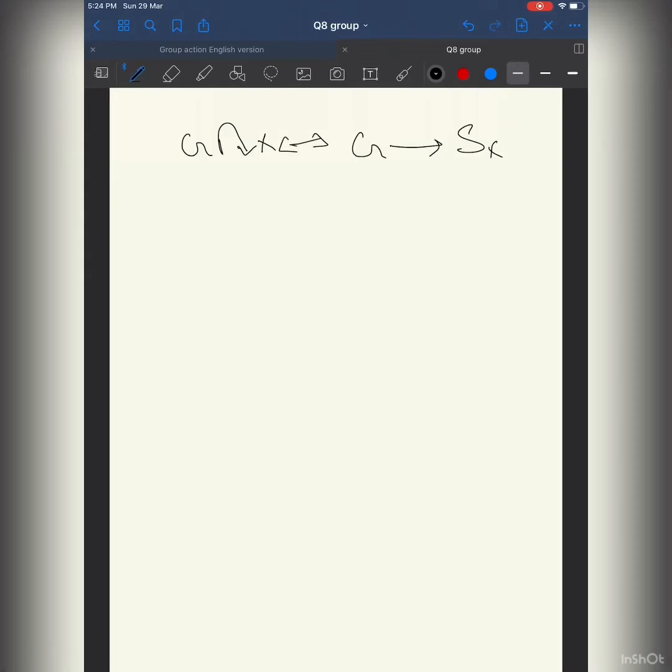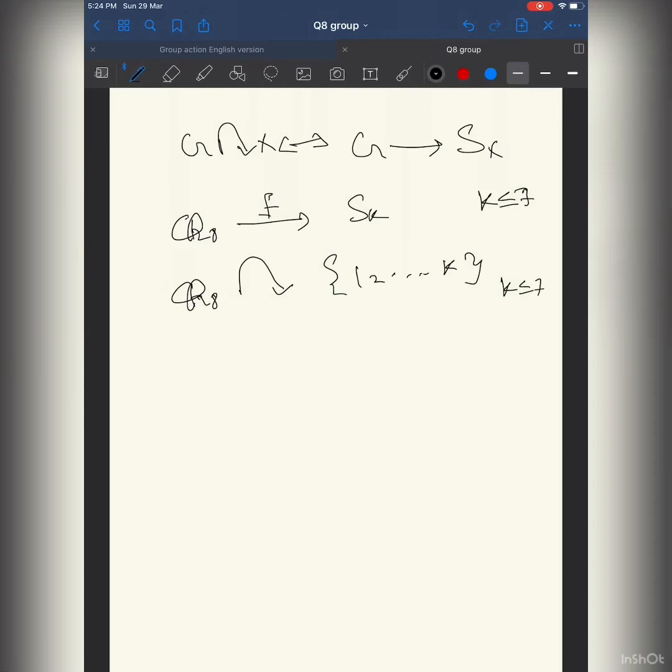So giving a homomorphism from Q8 to S_k, with k less than or equal to 7, is the same as giving an action of Q8 on {1, 2, ..., k}. Both are the same, because the underlying set is this one.